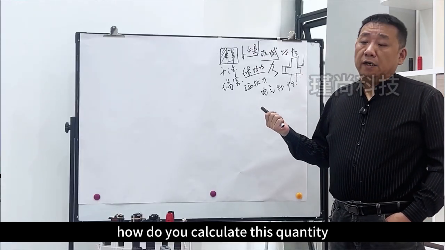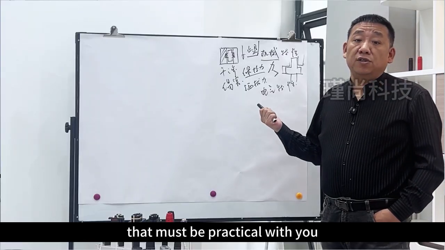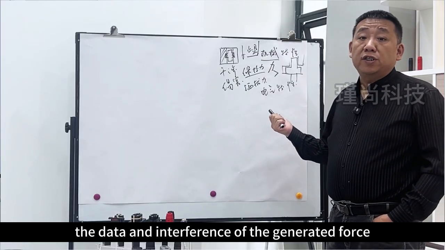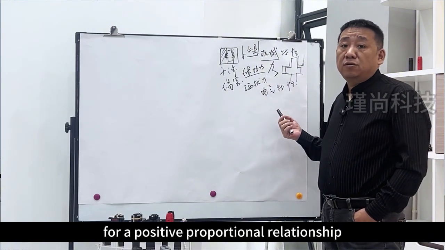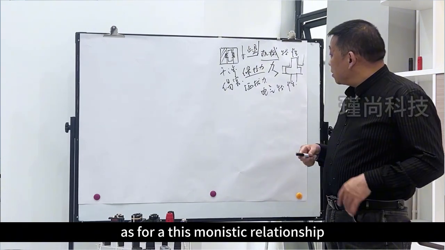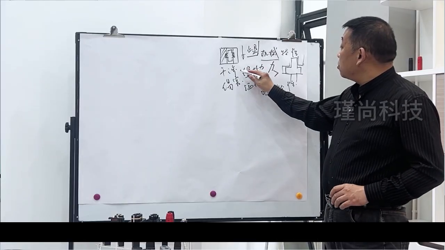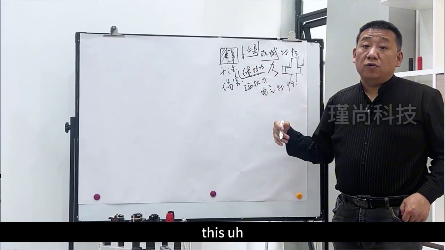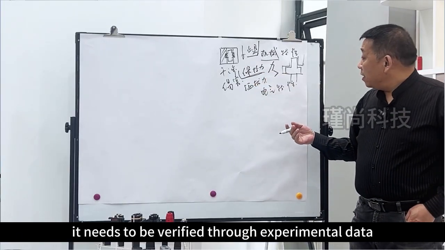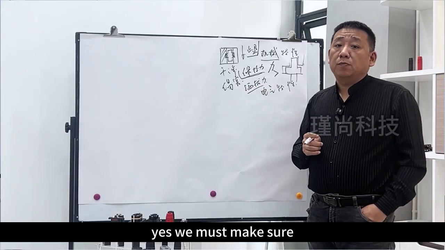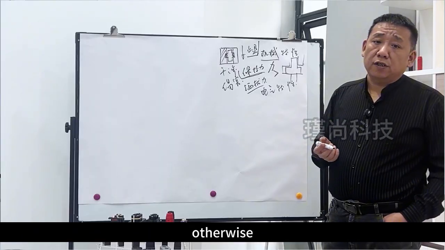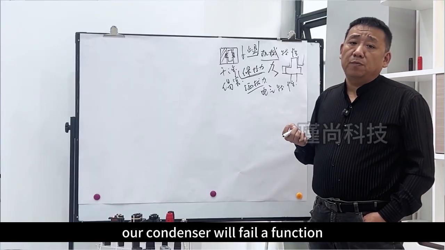How do you calculate this quantity? That must be practical. The data of the generated force and the interference form a positive proportional relationship, whether linear or binary, which needs to be verified through experimental data. We must make sure of this force, otherwise our connector will fail its function.